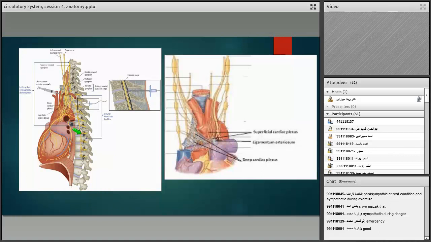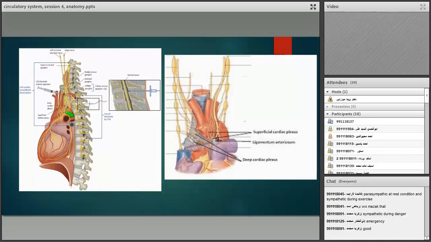So if we count them, we have 8 branches on each side: superior, middle, and inferior cervical ganglions, T1, T2, T3, T4, and T5. 8 branches on each side, which is totally 16 branches on both sides.